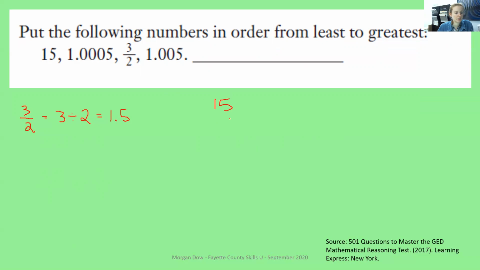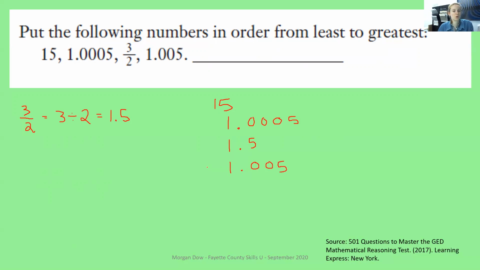And then I have 1.0005. And then came 3/2, which was 1.5. And finally 1.005.